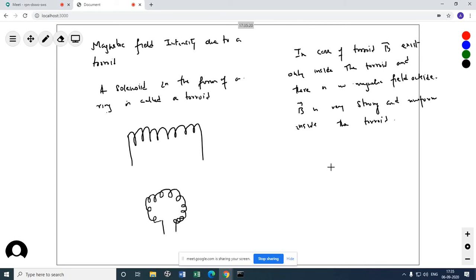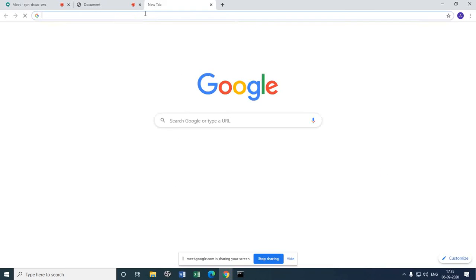Imagine I am going to draw now. Now this toroid, I'll show you a toroid.